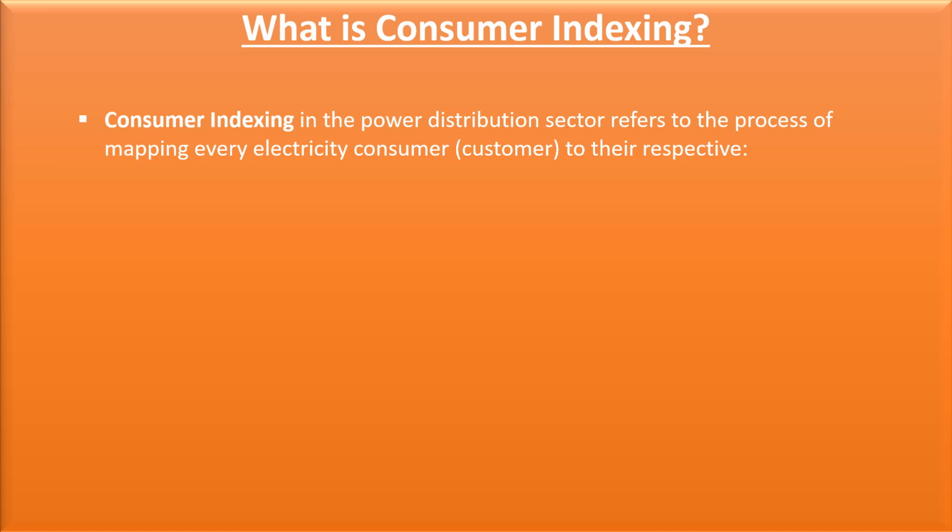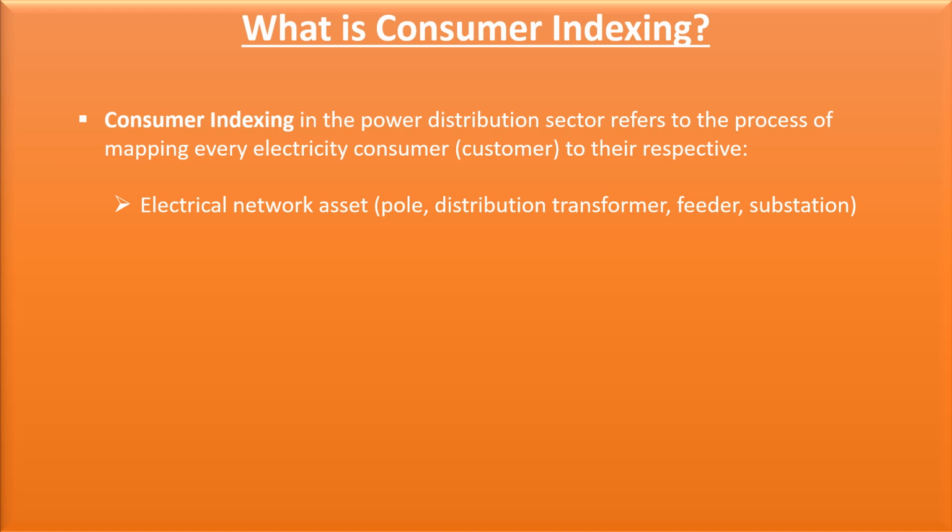Consumer indexing in the power distribution sector refers to the process of mapping every electricity consumer, that is, a customer, to their respective electrical network assets, like the connected pole, the distribution transformer, which feeder it belongs to, and which substation it belongs to, and the geographical location, that is, using coordinates, latitude and longitude, to locate the consumer.